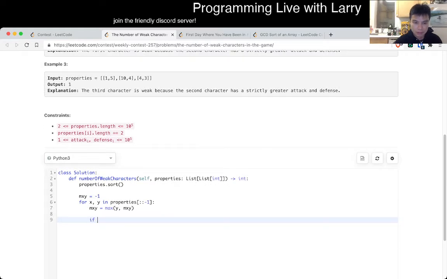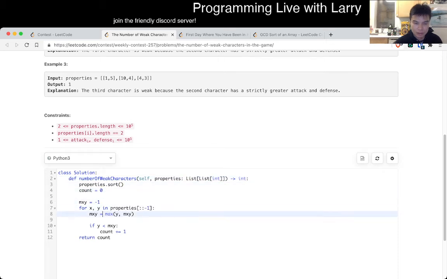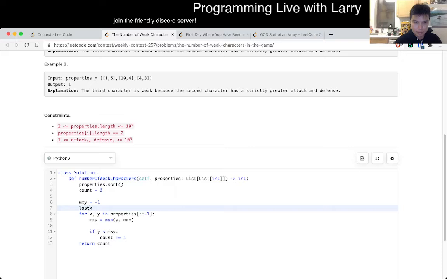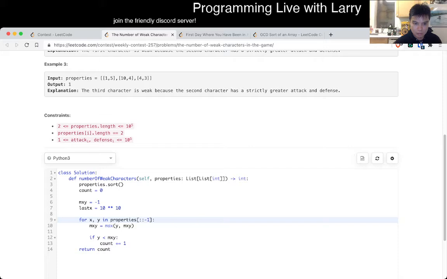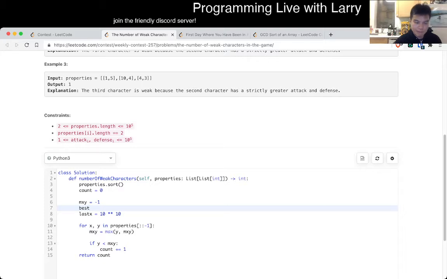If x is less, like something like that. It's not quite right yet, because this is X. So basically we want to process all these together. Then we don't process this yet.